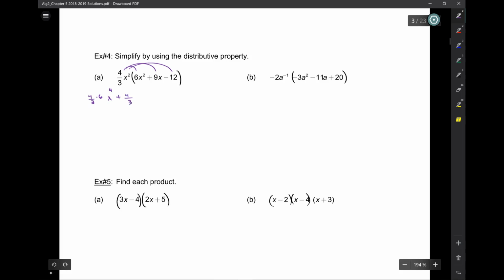Plus 4 over 3 times 9. X to the cubed, x to the 3. Minus 12 times 4 over 3. Okay, so here it's 8x to the 4 plus 12x cubed minus how much? 16x squared.